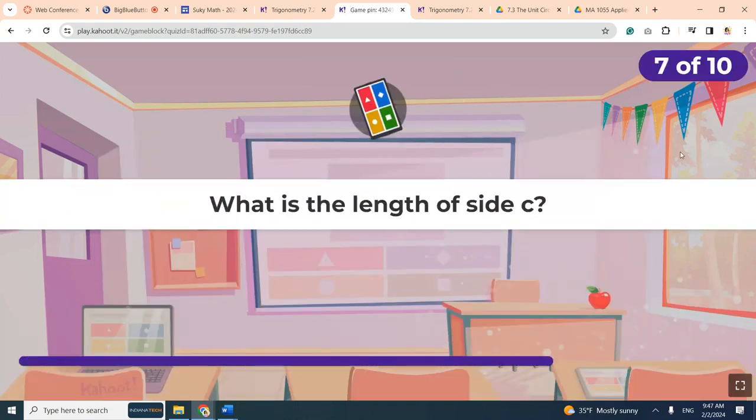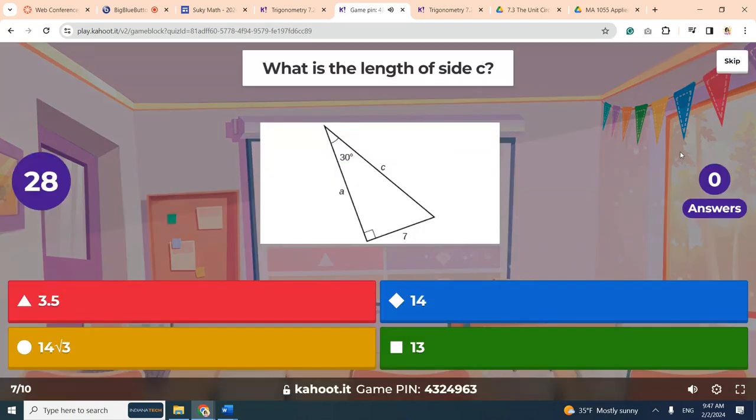What is the length of side C? Ratio. One second.